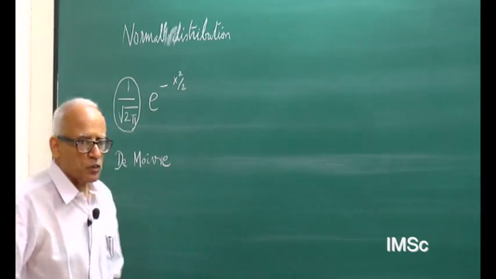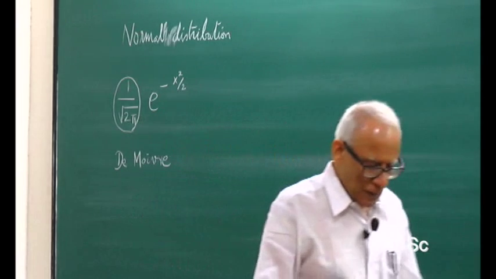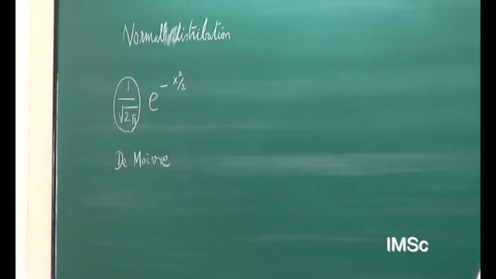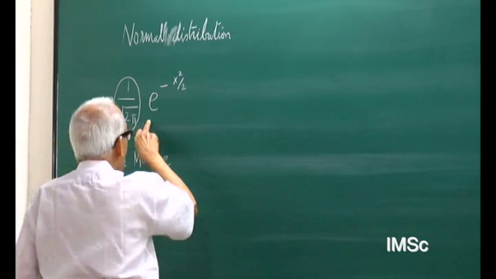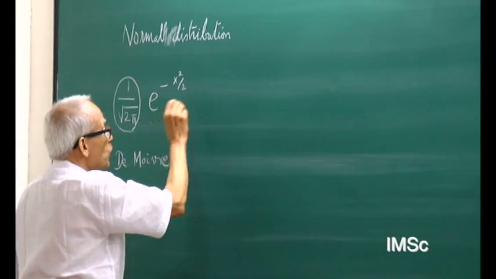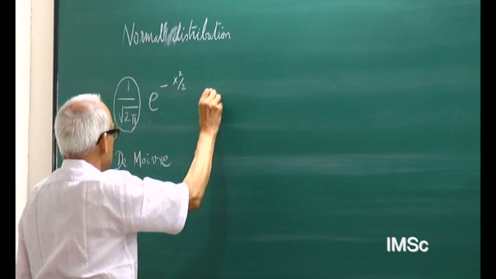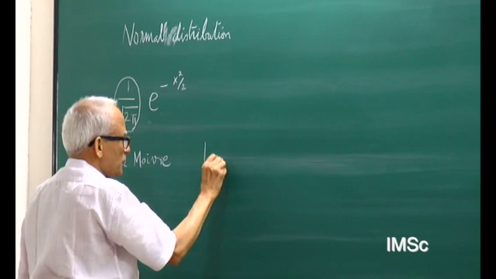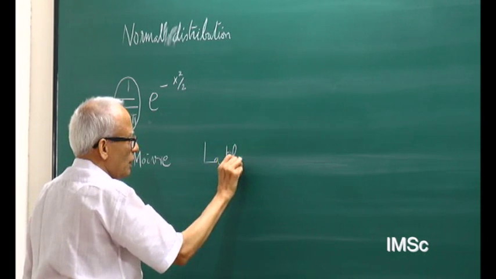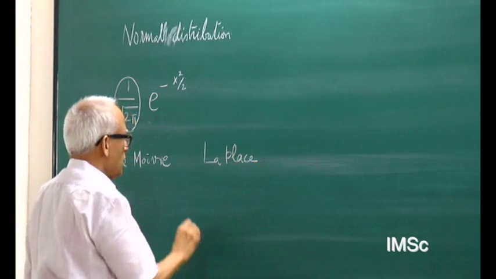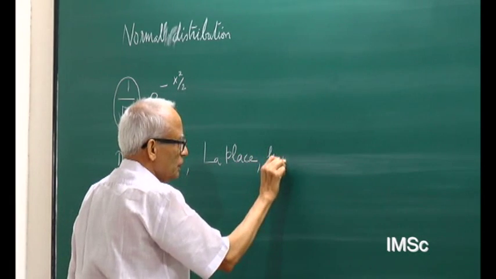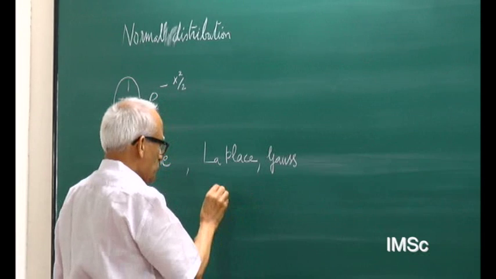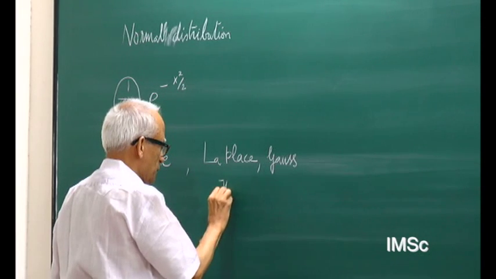Later Stirling's formula was discovered, and then the correct constant was obtained, and this was polished later by Laplace, and then later by Gauss in what is called the theory of errors.